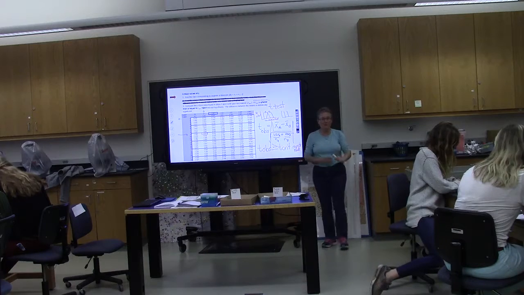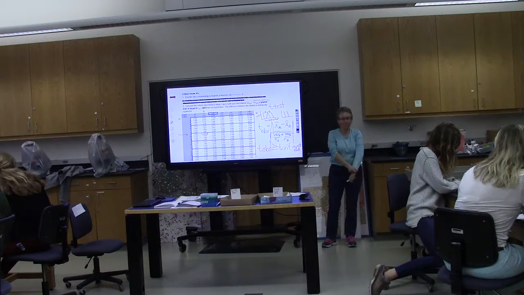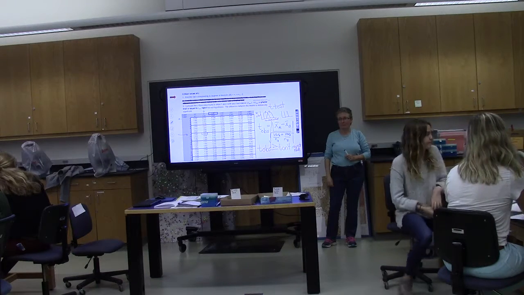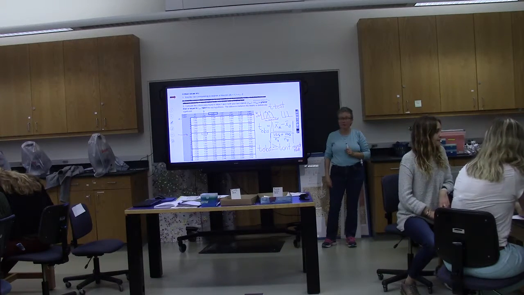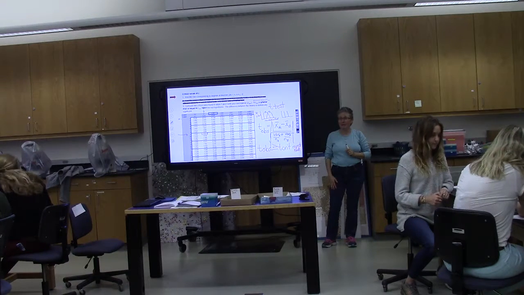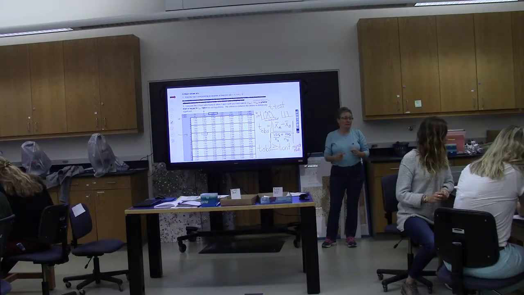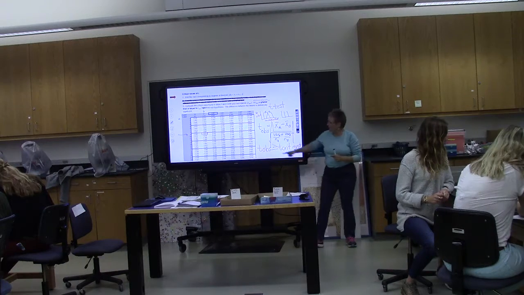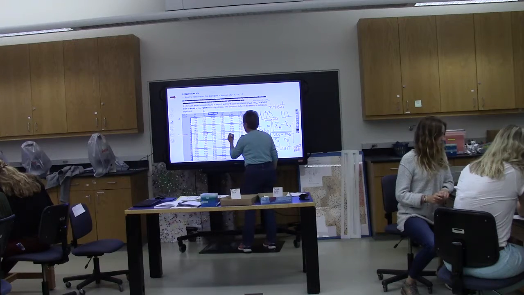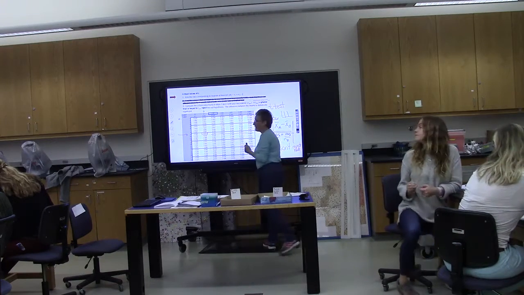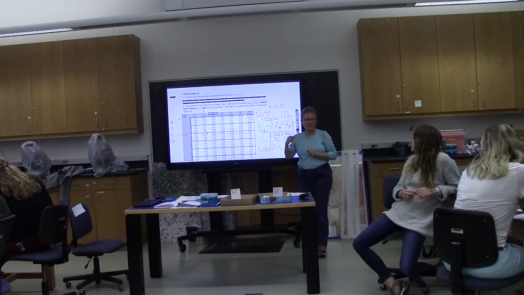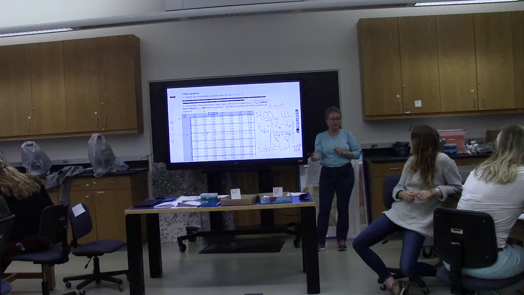I can say that those means are significantly different with a probability of 0.05. I have a 5% chance that I'm wrong. Now, in fact, what I can do is keep looking at this row until I find a probability where my t observed is less than my t critical.